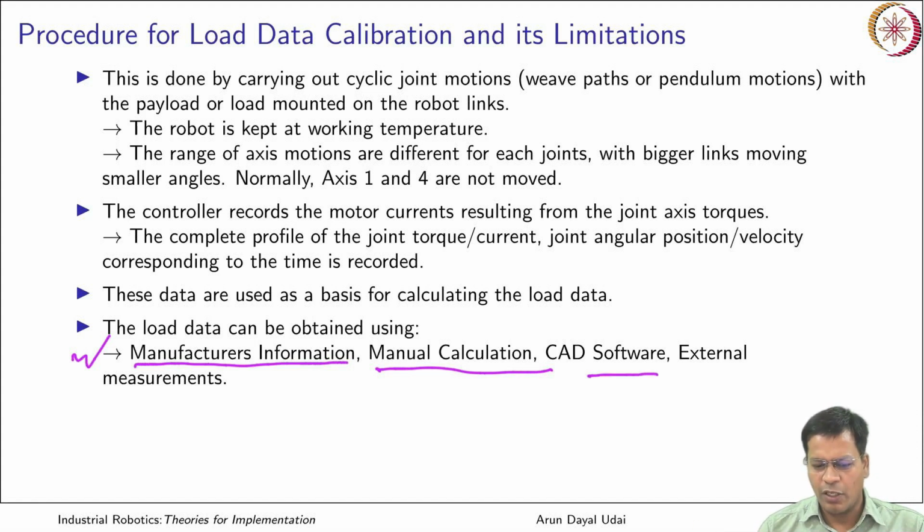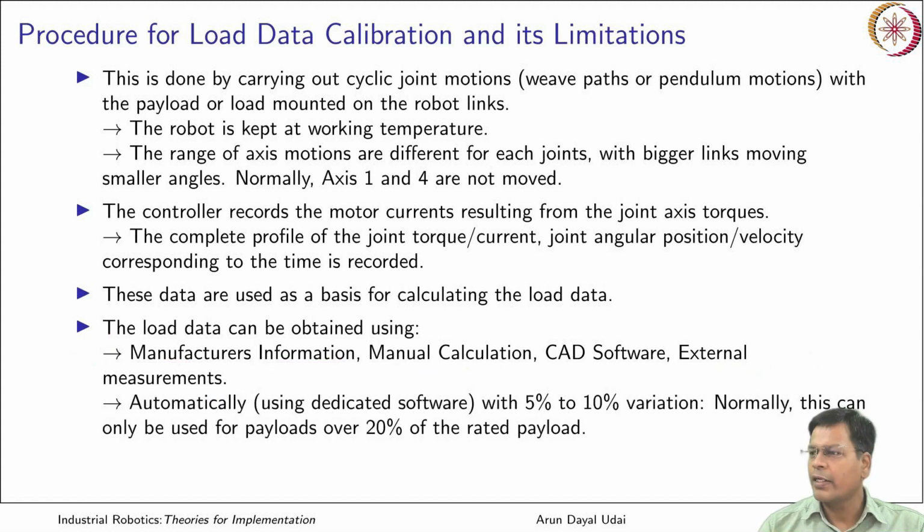You can do this if you have CAD software, or by doing some external measurement experiments. So these are the ways you can enter the load data for your added masses. Okay, and these can be done automatically using dedicated software if provided by the manufacturers also.